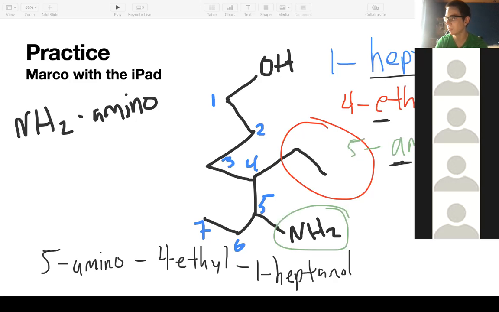So methylamine. So I'm guessing you think that there is a carbon at the end of this, like that, right? Yes. So that in fact would not be the case.